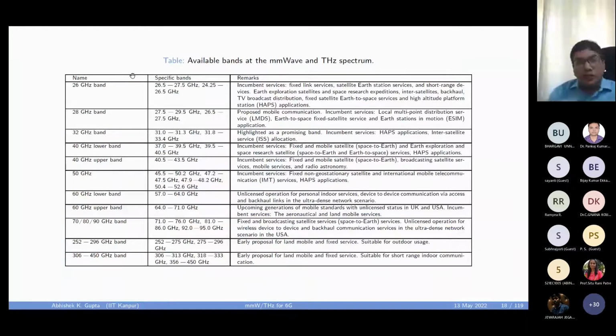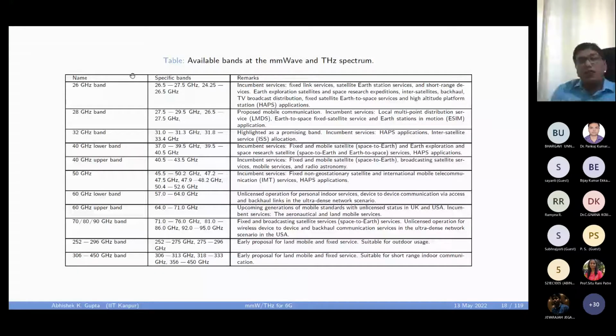So these are some of the bands. I'm not going to go into much detail on this, so I'll share the site so you can have a look if you're interested. Mainly the bands we are looking at are around 26, 28, 32, 40, 50, 60, 70, 250 to 296, and 306 to 450 gigahertz. And again, they have some specific bands.